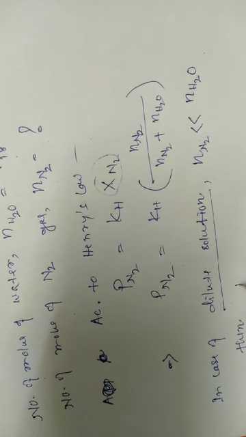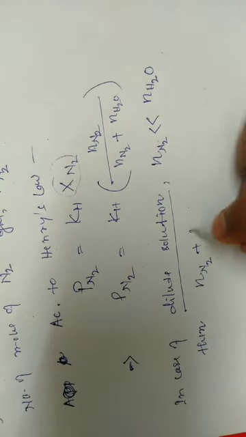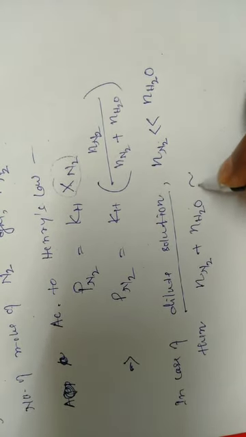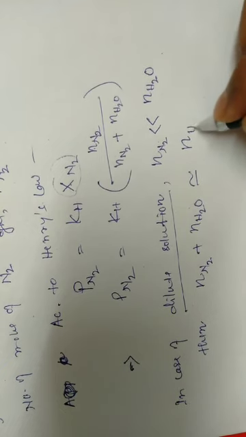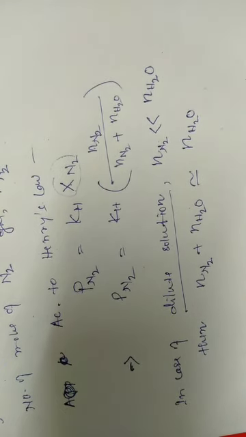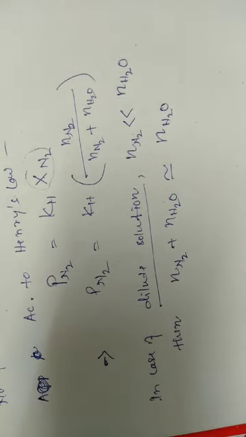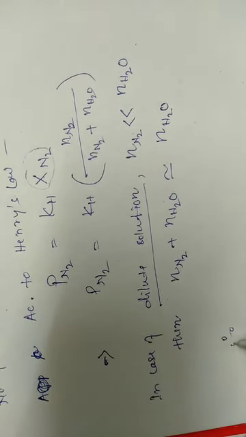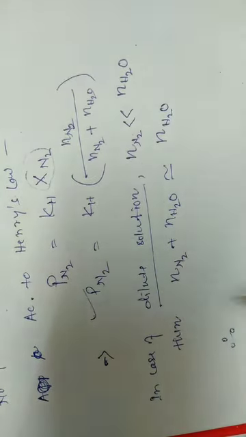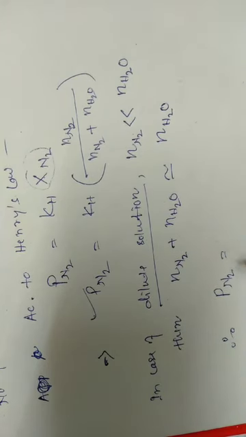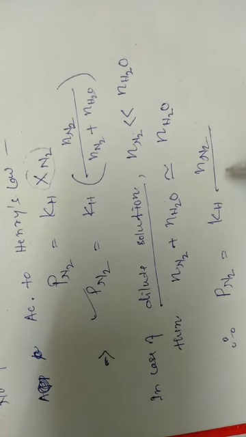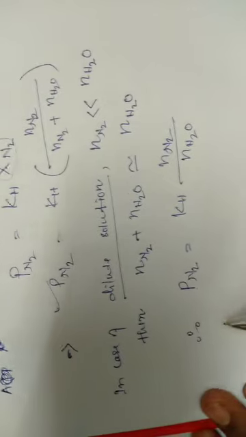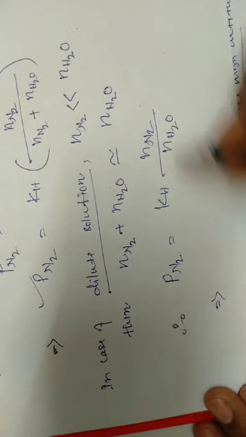Then the sum of the number of moles of nitrogen and the number of moles of water can approximately be written as the number of moles of water. Therefore this relation becomes: partial pressure of nitrogen equals Kh into number of moles of nitrogen divided by number of moles of water.